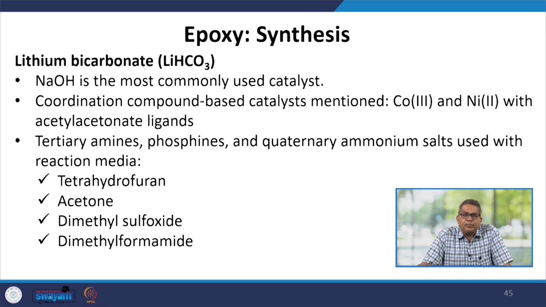The coordination compound based catalysts usually mentioned are cobalt or nickel with an acetylene ligand. Now, tertiary amines, phosphines and quaternary ammonium salts are used with reaction media like tetrahydrofuran, acetone, dimethyl sulfoxide and dimethyl formamide.